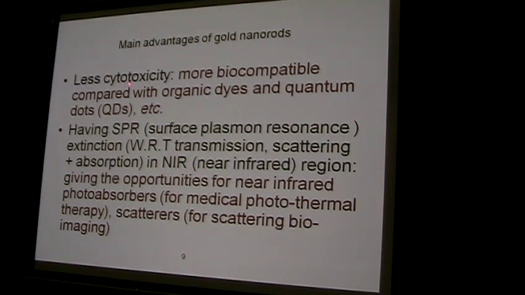They are less toxic to the cells, and the surface plasmon resonance is tunable over a very large range. So mainly we're using the surface plasmon extinction absorption, and it's in the near infrared or invisible.